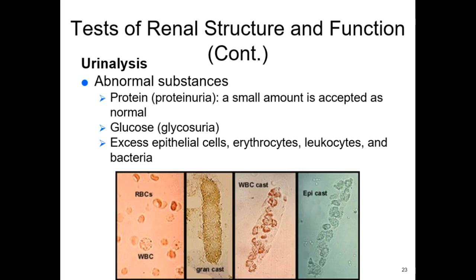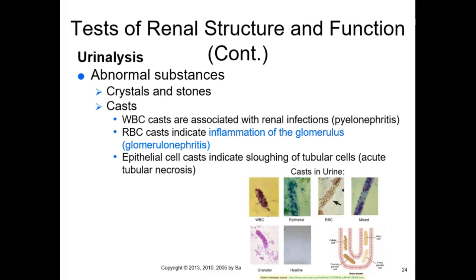And then epithelial cell casts, red blood cell casts, they actually have some very specific associations. White blood cell casts are associated with renal infections, such as pyelonephritis. Red blood cell casts may indicate inflammation of the glomerulus, which is glomerulonephritis. Here's a scary sounding one.